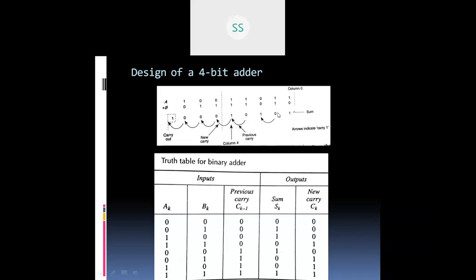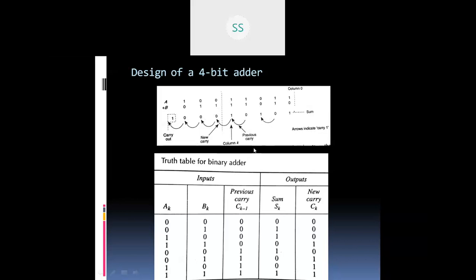Then in the next column 2 bits are added, 1 1, the sum is 0, then carry is further given to the next column. In the next column again the 2 bits along with the previous carry are added and the process continues. So finally there is a carry out from the last bits addition. You might have done this in 2-bit binary number addition. This shows a general picture of how the addition process is done by considering carry in, that is the previous carry.